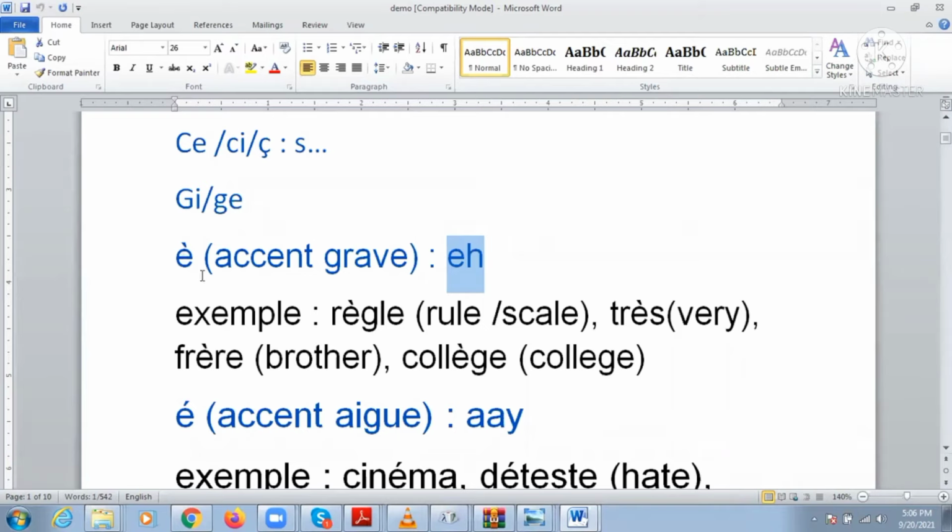Whenever this backward accent is there on letter E, this is called accent grave, and this gives you the sound A. So whenever you hear a sound like that, it speaks that there must be some spelling with E with this accent grave.